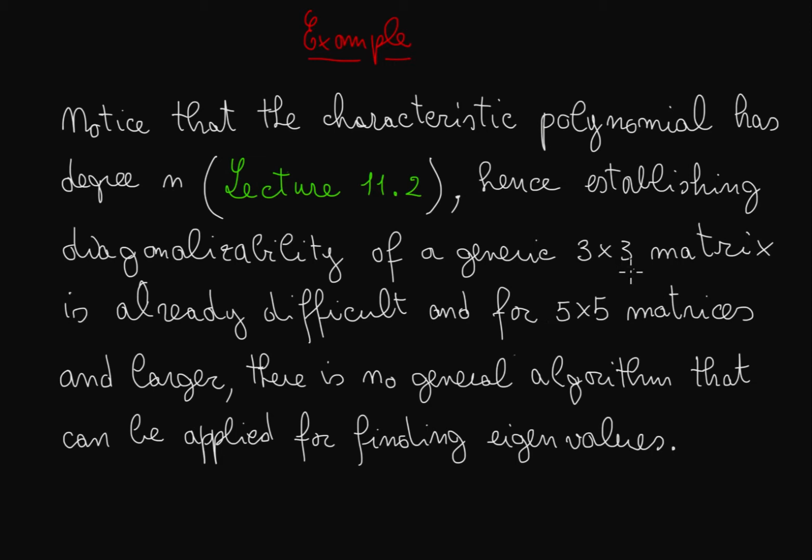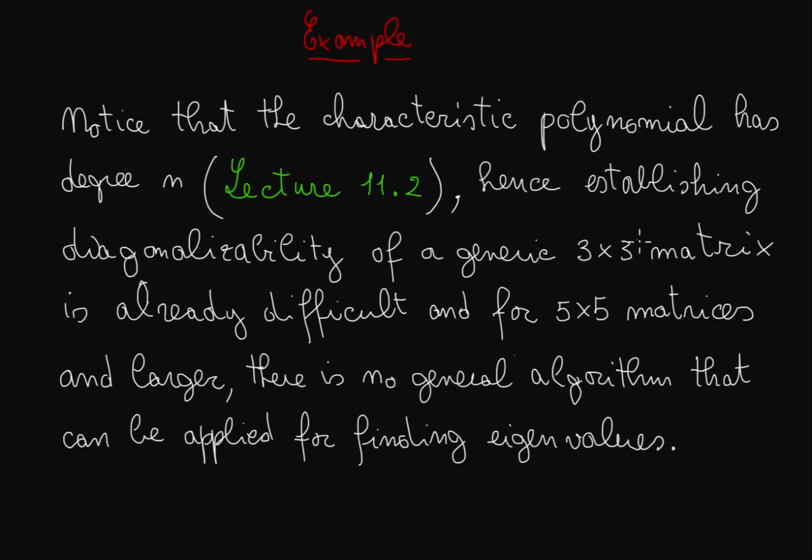Okay, so making exercises for the students in establishing whether a matrix is diagonalizable or not is kind of difficult because usually students do not know the formula to find roots of a degree 3 polynomial.